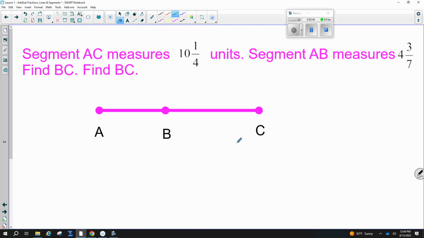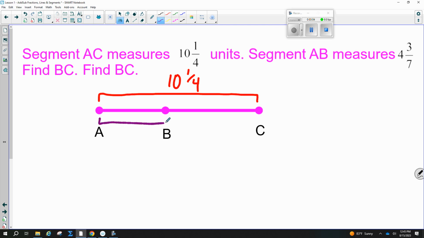All right, segment AC measures 10 and 1/4 units. So I would just put a little line from here to here. AC measures 10 and 1/4 units. Segment AB, so then you might want to be like, all right, that's from here to here.